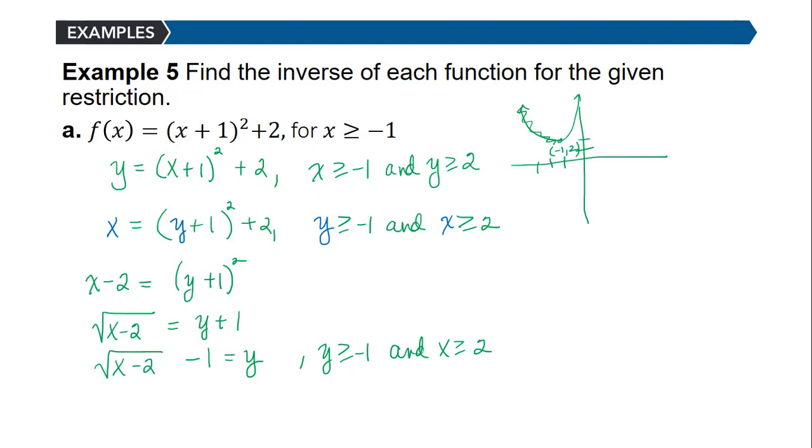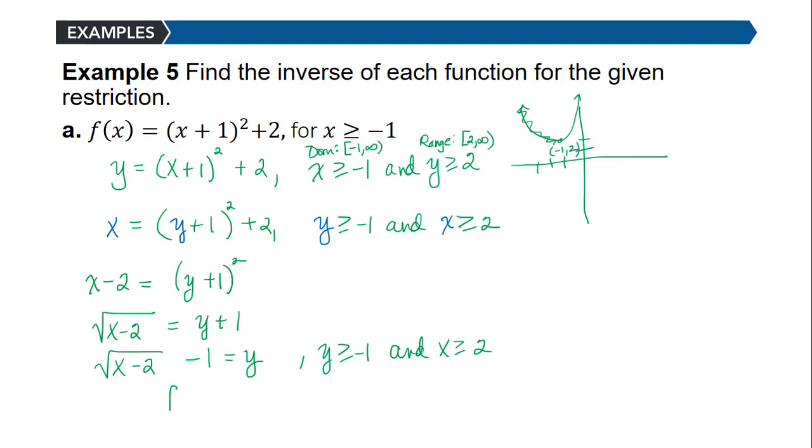And so here you kind of see this a little bit clearer, I think, that the domain of the restricted value is x greater than or equal to -1, which in interval notation is -1 to infinity. The range was from bracket 2 to infinity, right? Everything greater than or equal to 2.